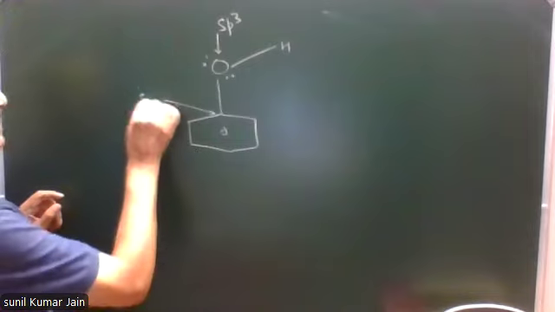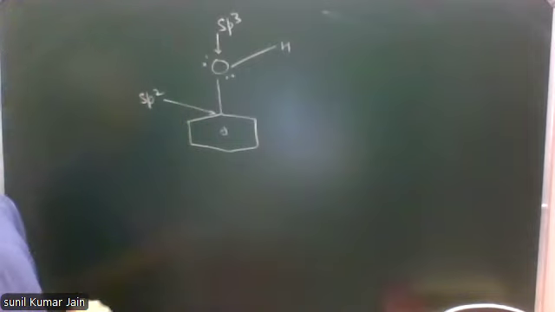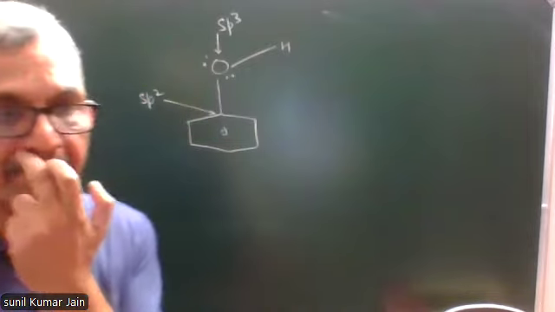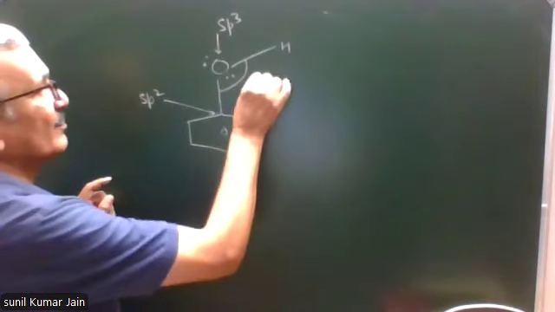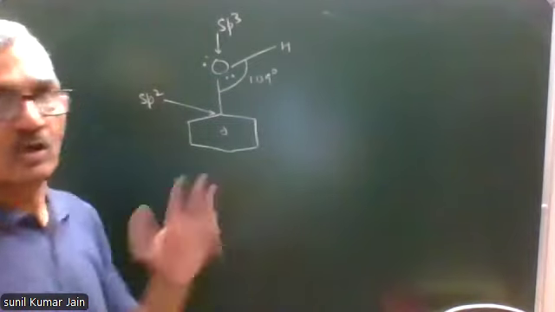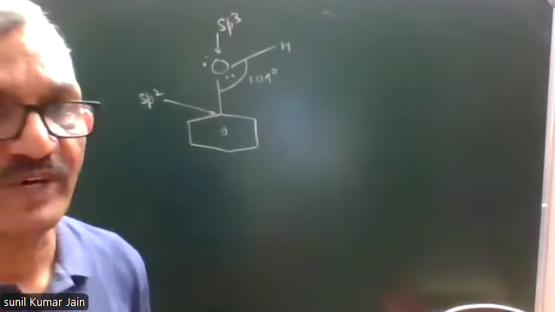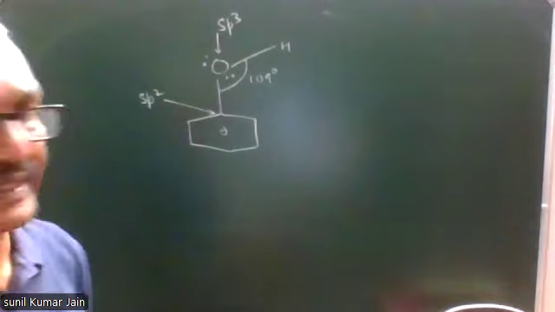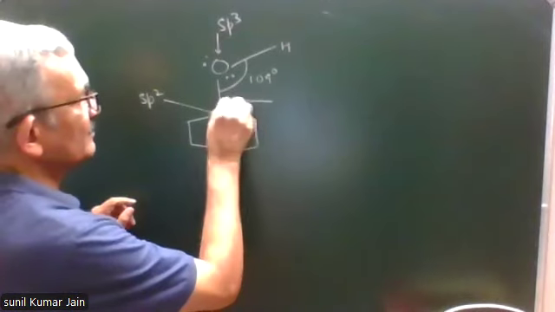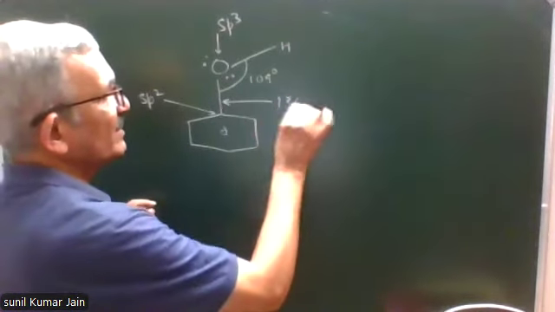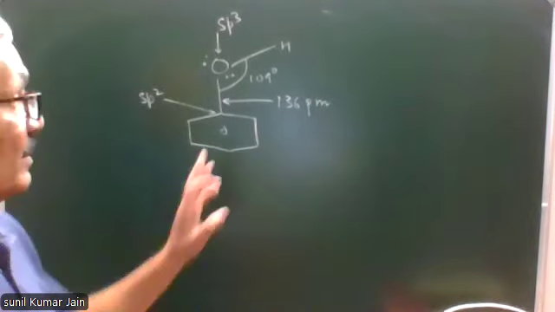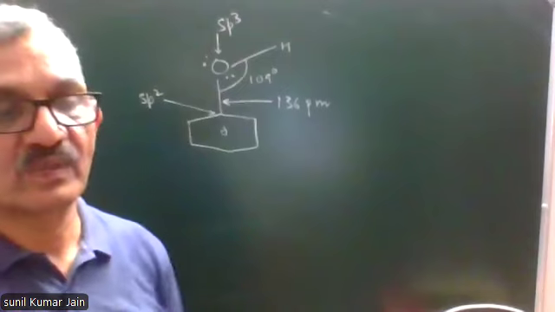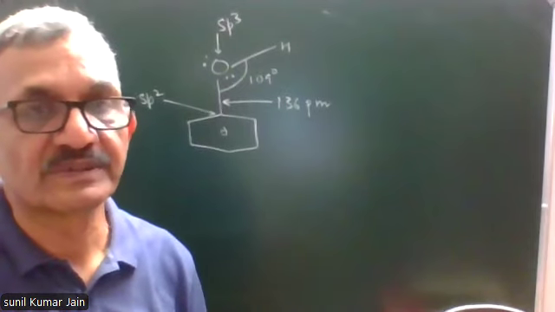This alpha carbon is sp2 hybridized. This bond angle is almost the same as in alcohol, 109 degrees. This bond length is 136 picometers.